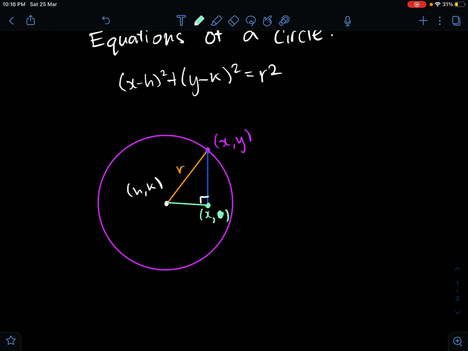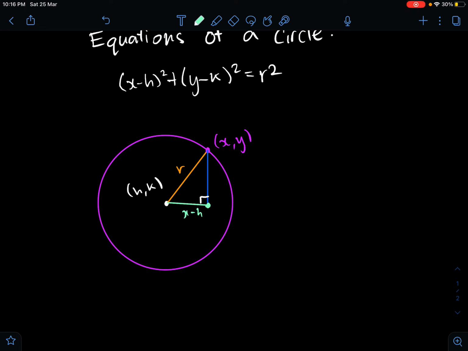I'll just draw a squiggly line, but the x value is the same as this one up here, because we've gone straight down. We haven't gone across at all. So what we can define this distance as is x minus h, because if you go from x across to h, that's x minus h distance.